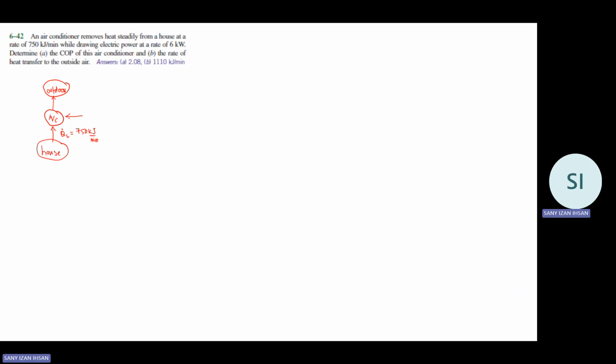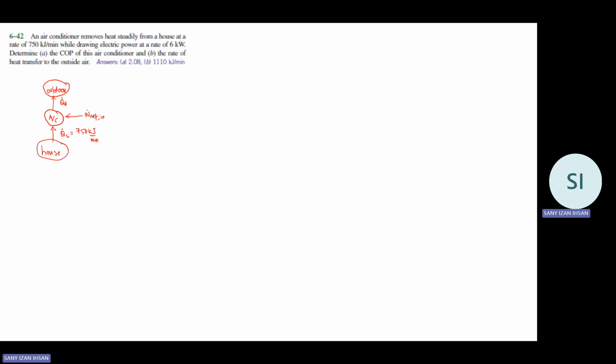And of course, that requires work net, and in this case, work net into the system. Okay. We do not know yet, but we can specify in our diagram that we have QL to be taken out from the house.